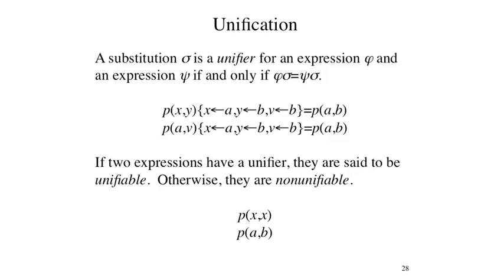If two expressions have a unifier, they're said to be unifiable, and otherwise they're non-unifiable. An example of non-unifiable expressions would be p of x, x on the one hand and p of a, b on the other. There's no way to bind x so that it's the same as a and at the same time the same as b.